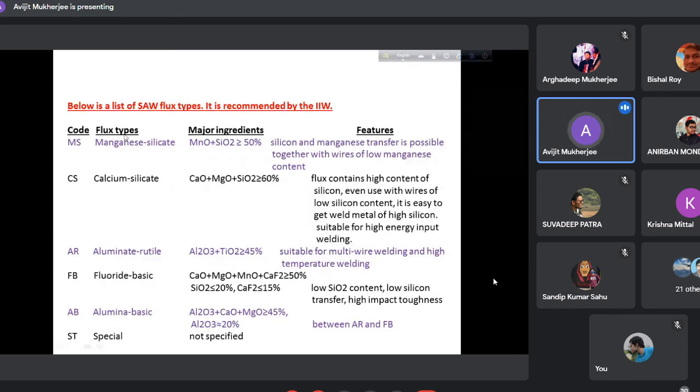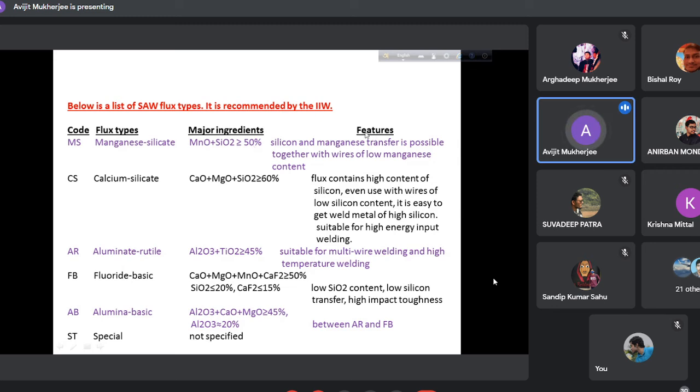But say this is the list of materials: submerged arc welding flux types. MS is a code. What is that material? Manganese silicate. And what are the major ingredients? Manganese oxide, silicon oxide, SiO2, greater than 50%.